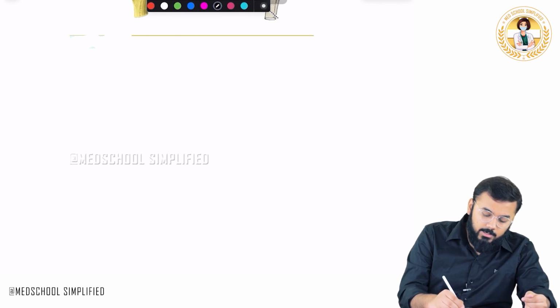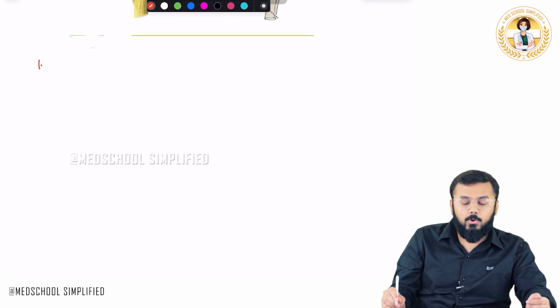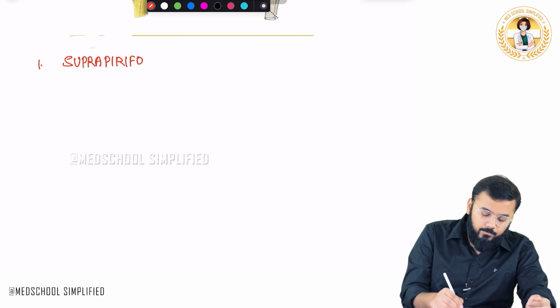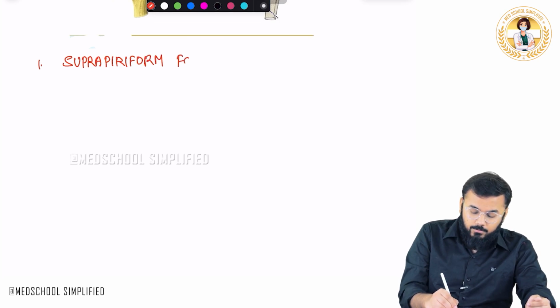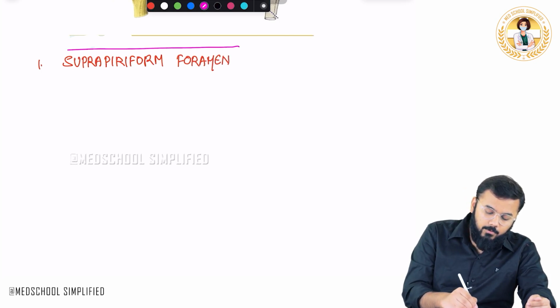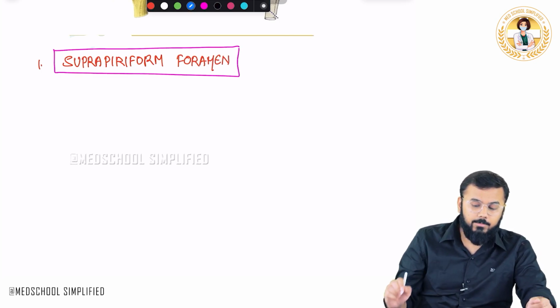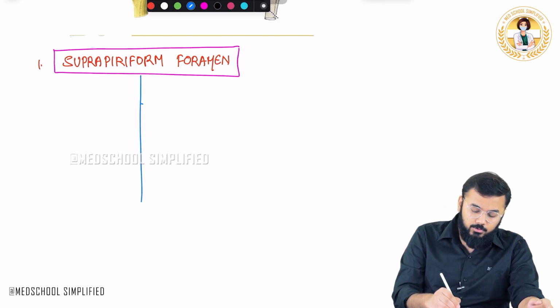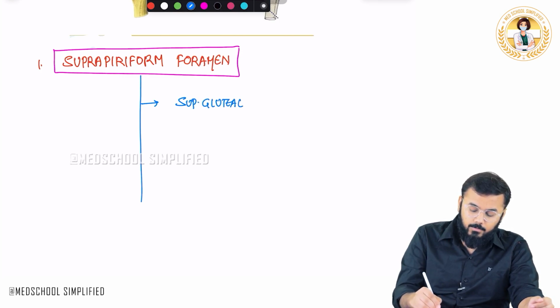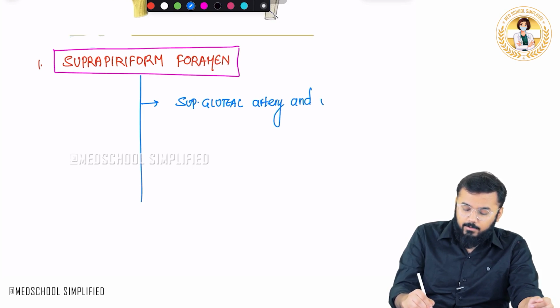So the first important thing is the suprapiriform foramen. What are the structures that are coming out of the suprapiriform foramen? The first important structure which you would see over here is the superior gluteal artery and vein.